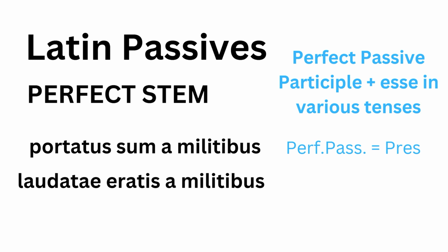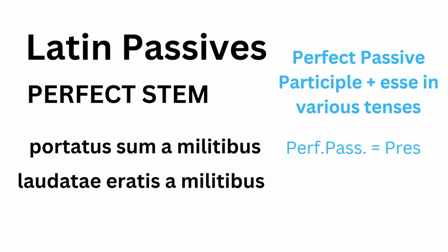Laudatae eratis a militibus. Laudatae eratis is my pluperfect passive. In this case, I've used the perfect passive participle, and this one is a feminine plural. I'm obviously talking about some women. And my eratis tells me who I am talking to. It is a second person plural. So laudatae eratis means you had been praised.